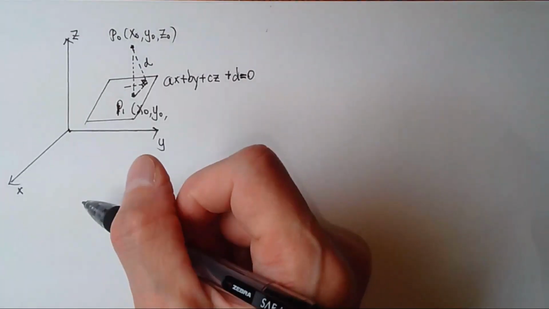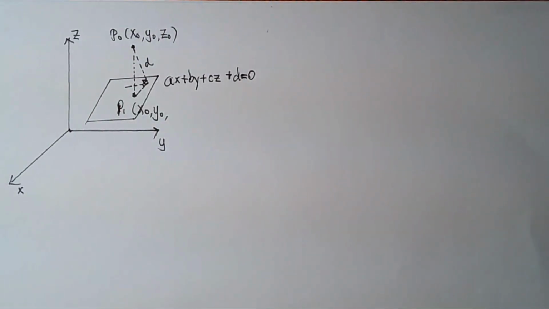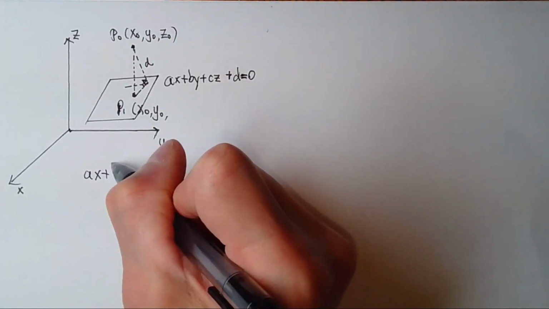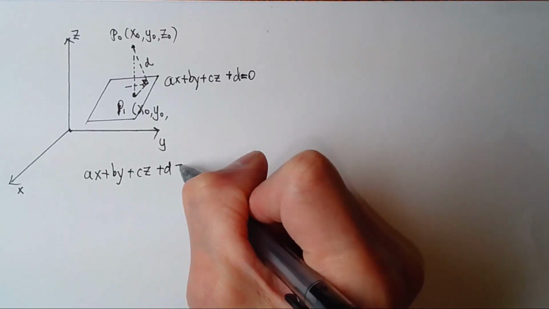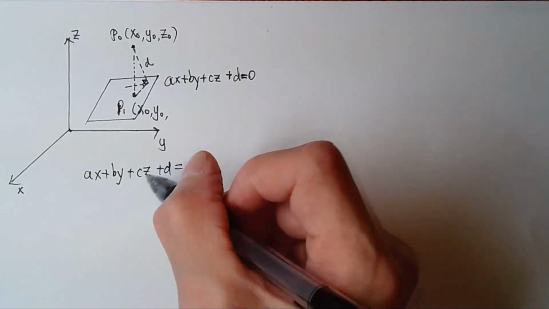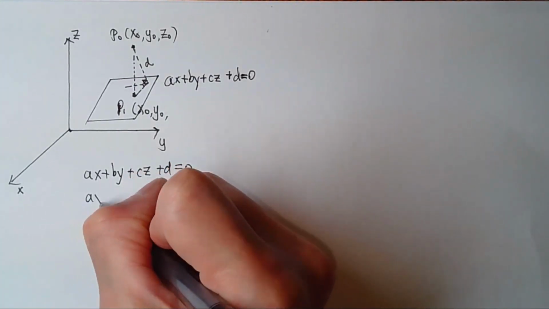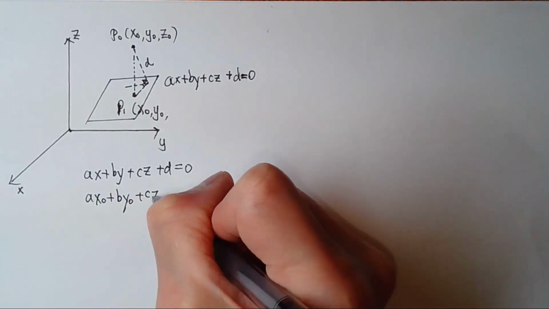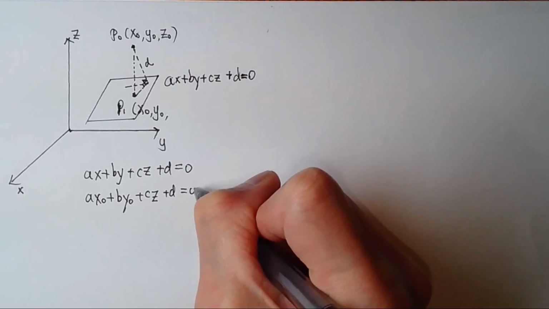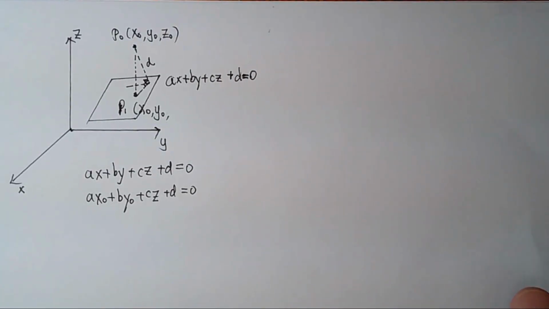Well, we have ax plus by plus cz plus d equals 0. We're going to plug in x equals x sub 0 and y equals y sub 0, and we're going to solve for z. All right.